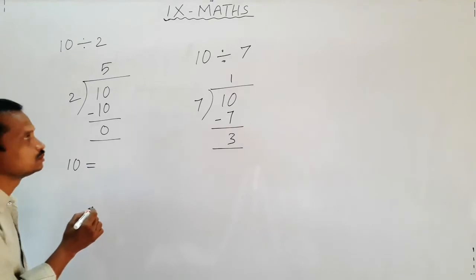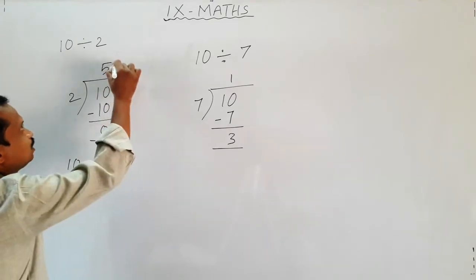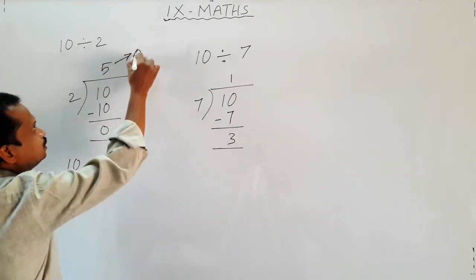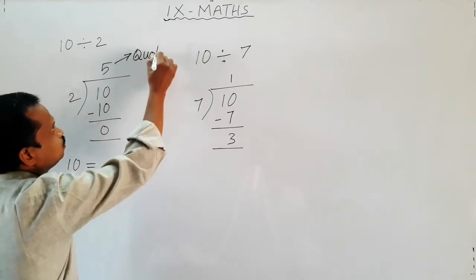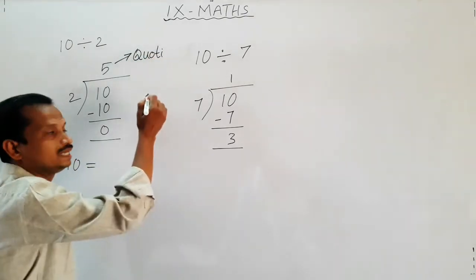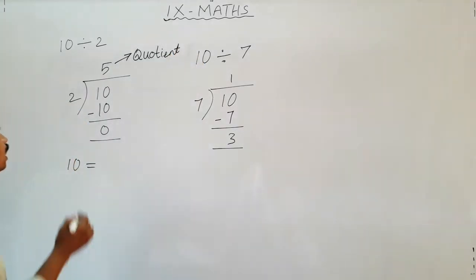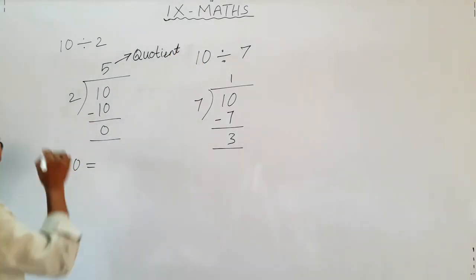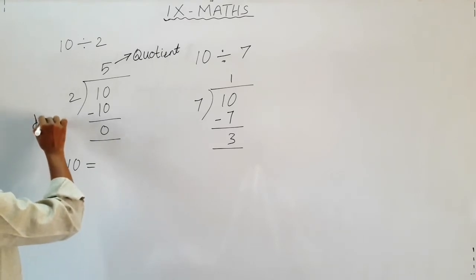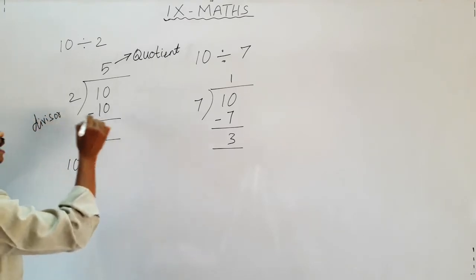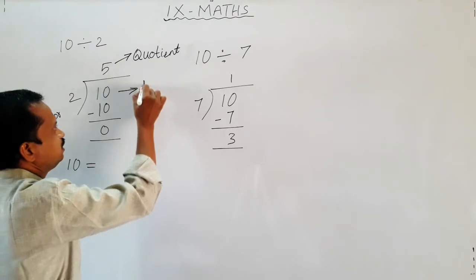So this is what we are doing. In the first sum, what is the quotient here? 5. 5 is the quotient. Spelling Q-U-O-T-I-E-N-T, quotient. Okay, and this is called divisor. And this 10 is called dividend.